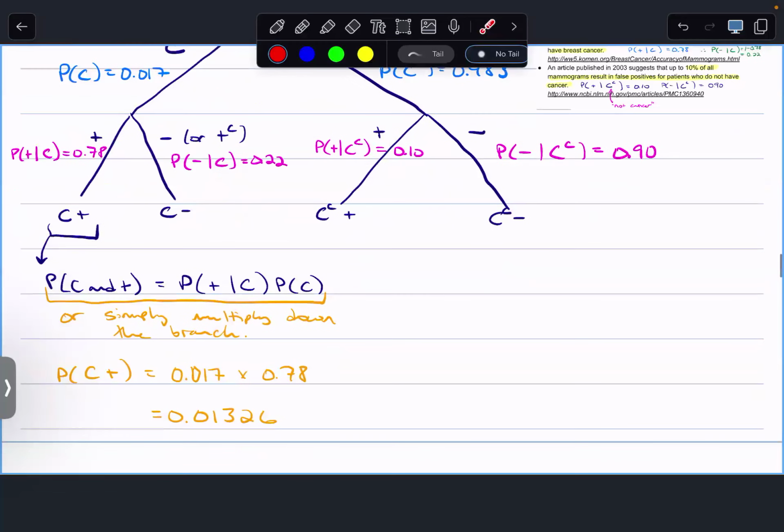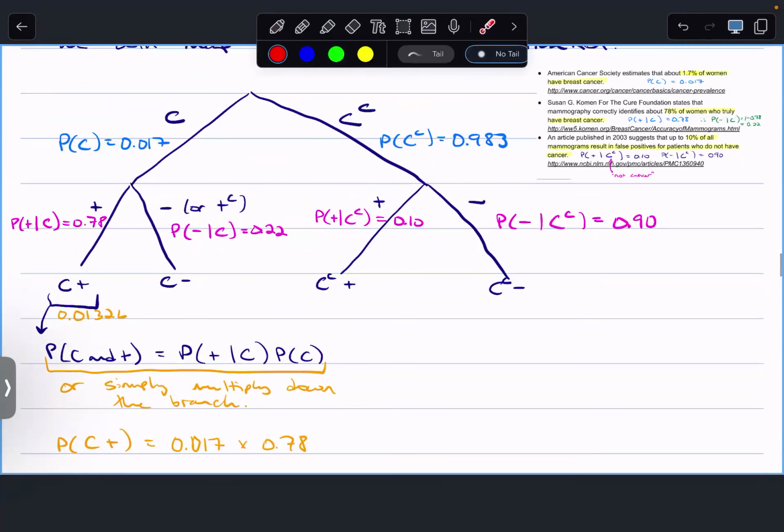So usually what I'll do is I'll just write 0.01326. Careful you don't do much rounding, because you have to add them to 1. Now in this case, it gives us a nice reasonable number, so I'm going to keep them all, of course.